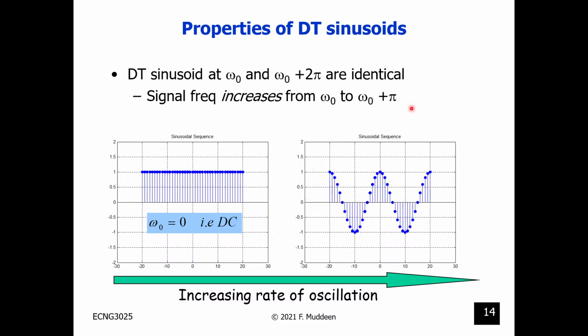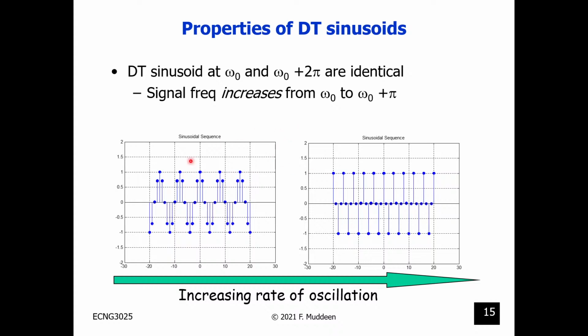However, as we start applying the phase shift here from omega naught to omega naught plus pi, we see that the discretized time frequency is going to be increasing. And as it increases, we're going to use fewer and fewer samples to represent our actual discretized time sinusoid itself, until we reach a point where we're only using about 4 samples to represent the shape of our signal.